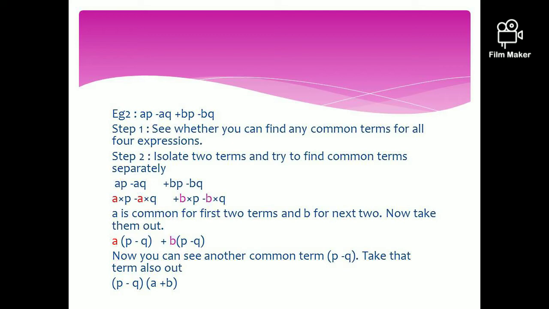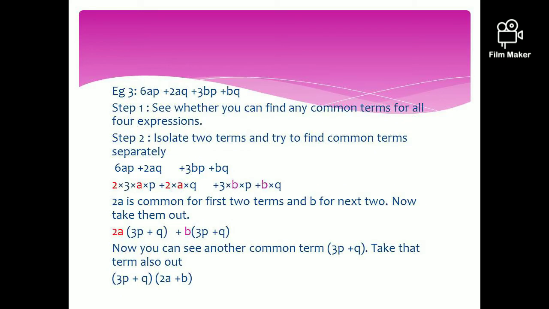If you take A out from the first 2 terms, it turns into A times P minus Q. Then if you take B out from the second 2 terms, it turns into B times P minus Q. Now P minus Q is again common for these expressions. Therefore, if you take P minus Q out, the expression is completely factorized as P minus Q times A plus B.